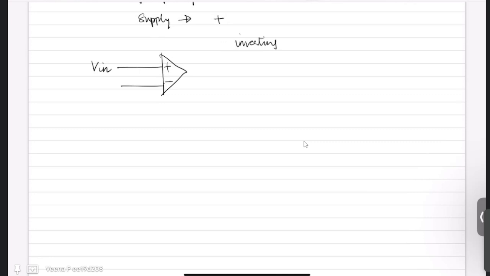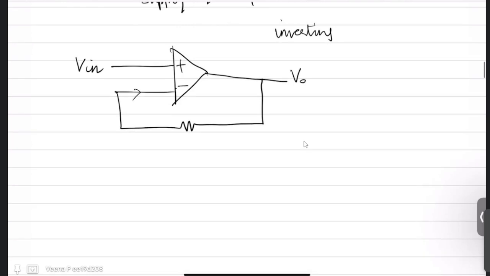Now I am giving feedback to it, so I am giving a feedback V naught. Now if you see, if I do like this, there is no current through this path because it is the input to the op-amp, and also this will become V in. You cannot write any KCL equation because there is no current flowing.